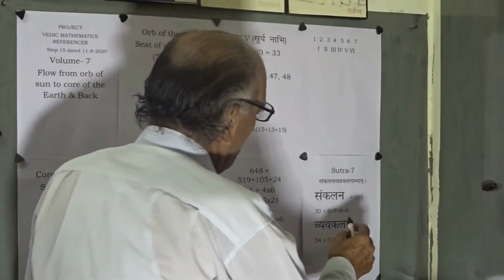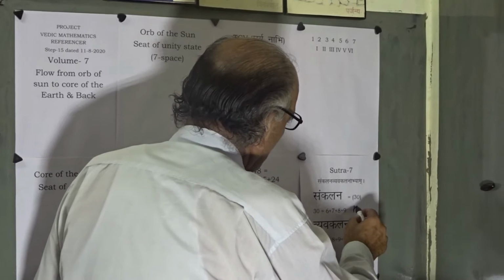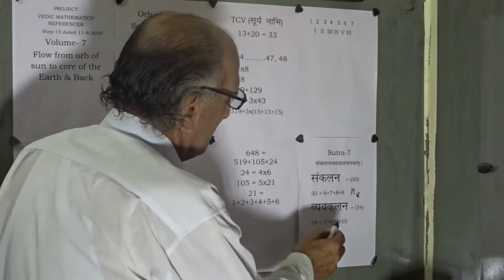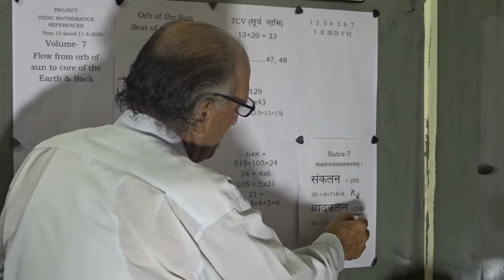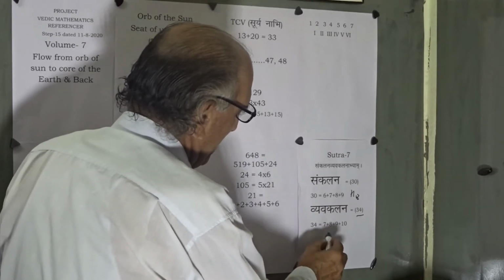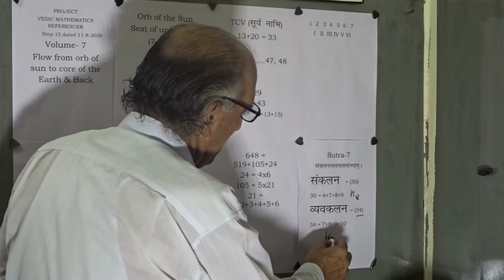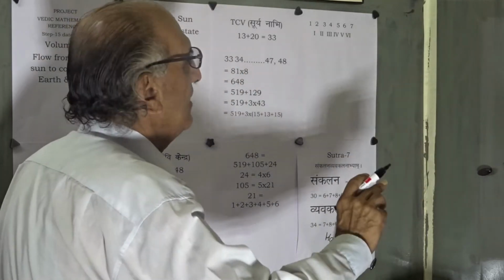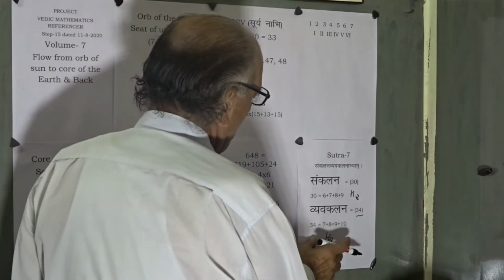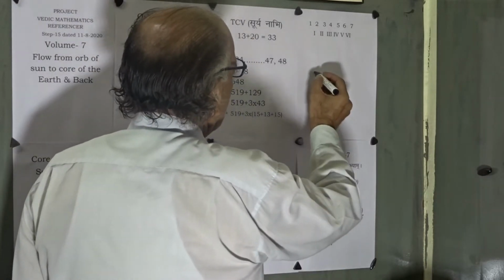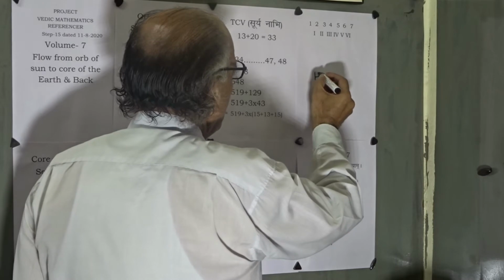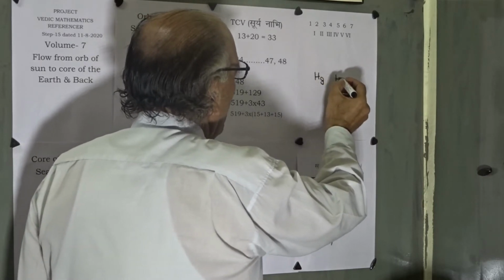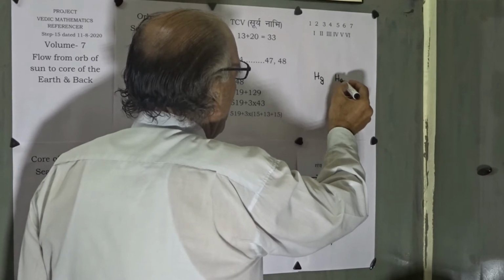It is of hypercube 8. And vyavkalna is the formulation of TC value 34, which is of organization 7, 8, 9, 10. It is hypercube 9. As such, Ganita Sutra 7 is approaching the existence phenomenon simultaneously as H8 hypercube 8 and H9 hypercube 9.